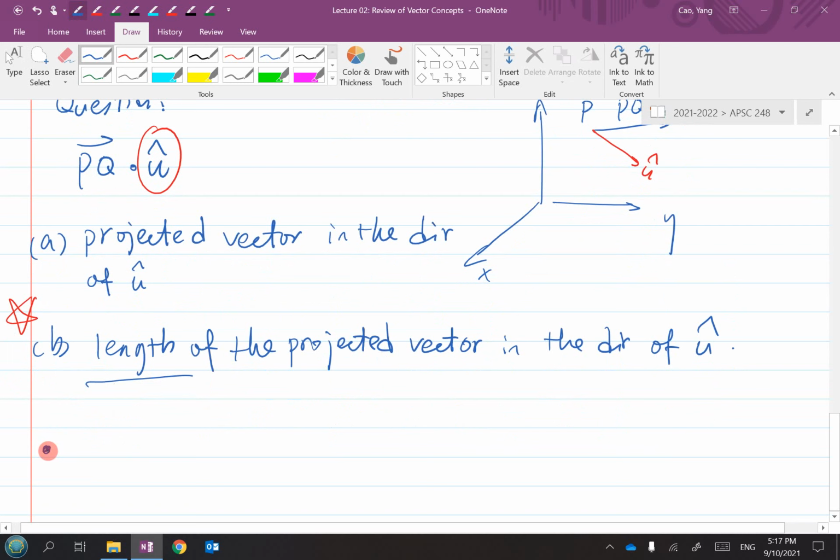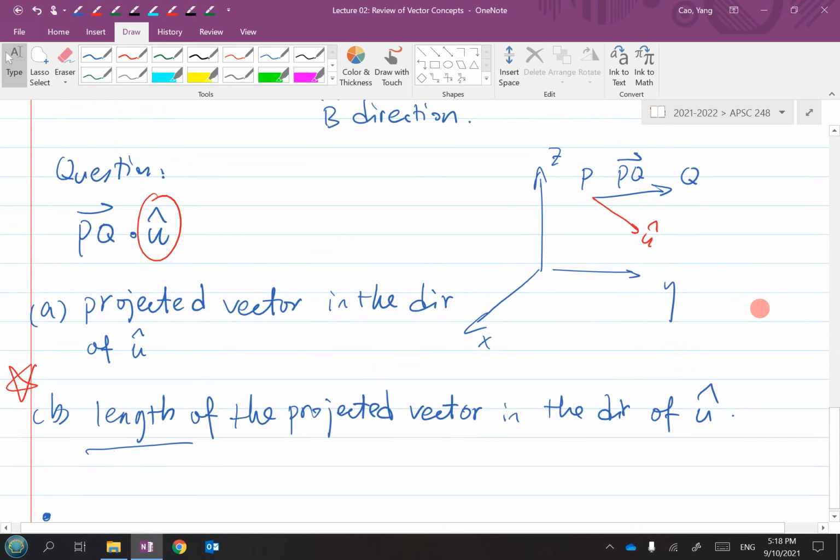It is a scalar. Second part? What's the second part of the question? Yes, it is. We have specified the direction. So graphically, what it looks like is this.